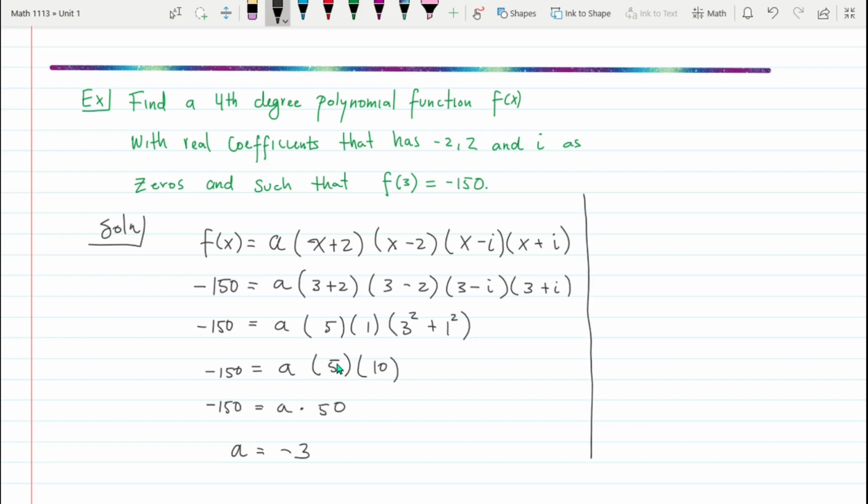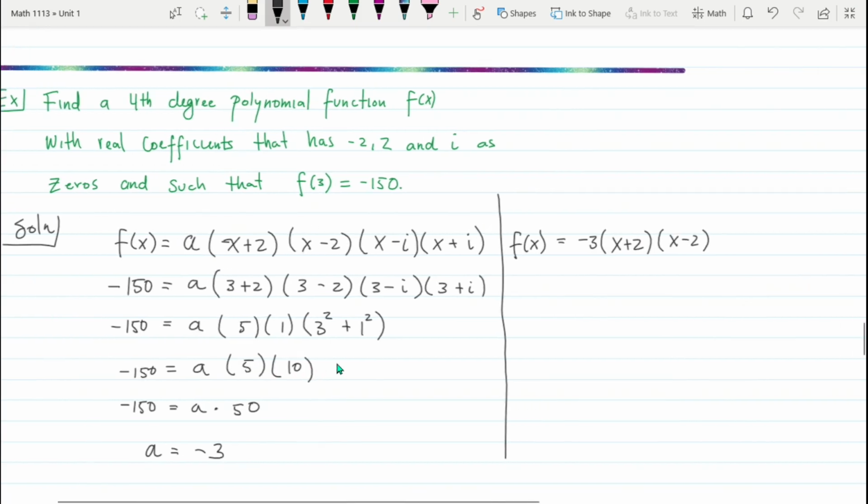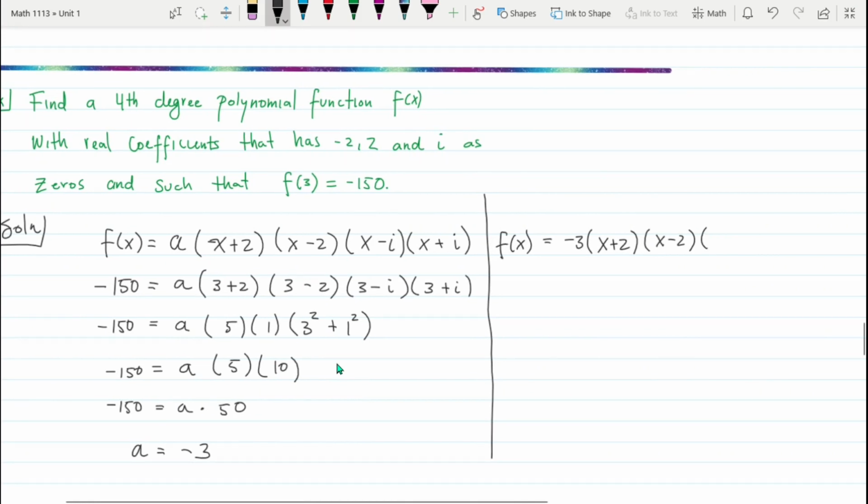Once we figure that value out, we can go back and plug it in and have a more complete version of our polynomial. Okay, so this is a linear factorization form of the polynomial. We could and we should expand it out and see what we get.